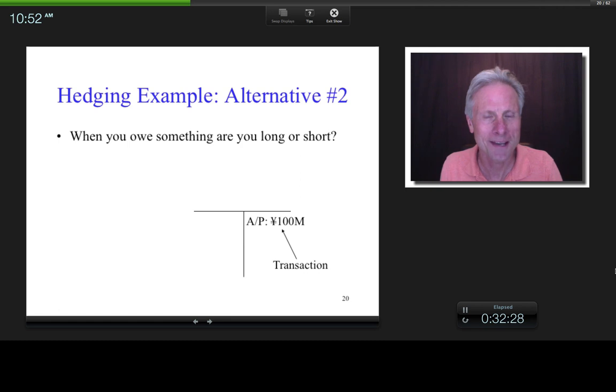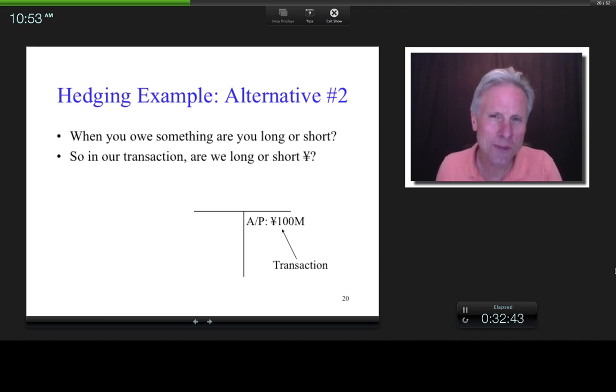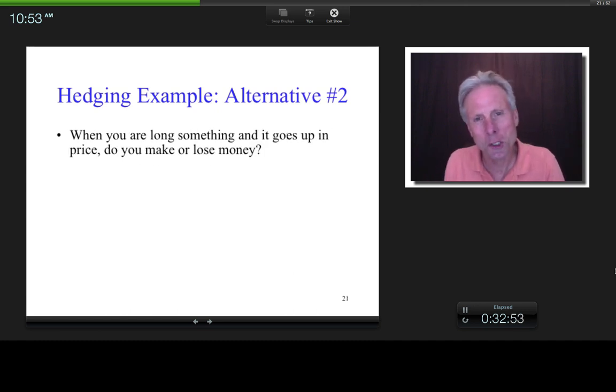You're short, okay? So for example, if I buy 10 shares of Apple stock, I own it. So would I be long Apple stock or short Apple stock? I'd be long Apple stock, right? But in this example, with our transaction, with our widgets, we owe 100 million yen. So are we long or short yen? We're short, right?